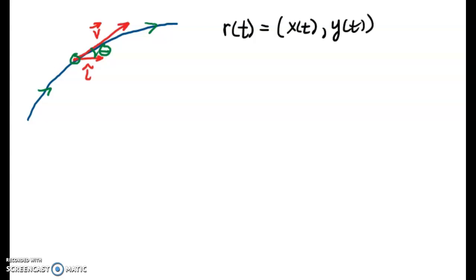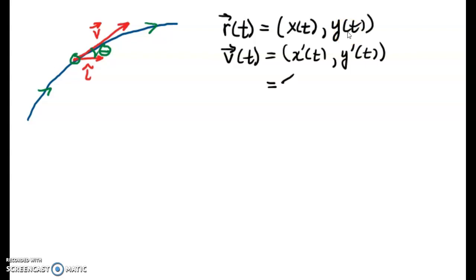And of course, the way that we get the velocity is by taking the derivative of r. And for brevity, I'm just going to write, let me change those.